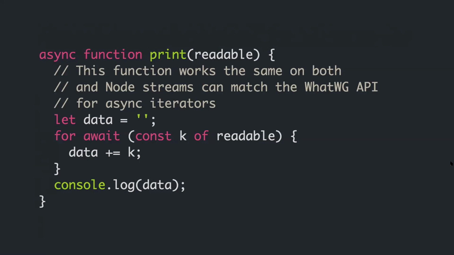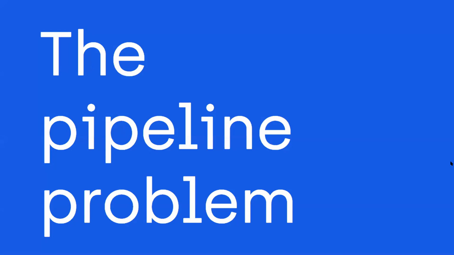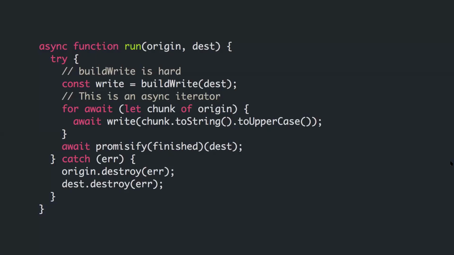How do we create a data processing pipeline just using basic async iterators? How do we even write stuff? All of this is not covered by the spec, and there is no common pattern to do this type of operation, which I call the pipeline problem of async iterators.